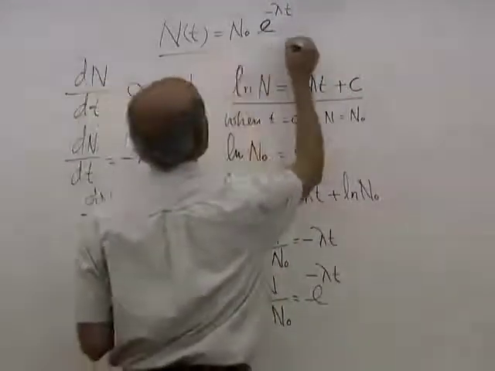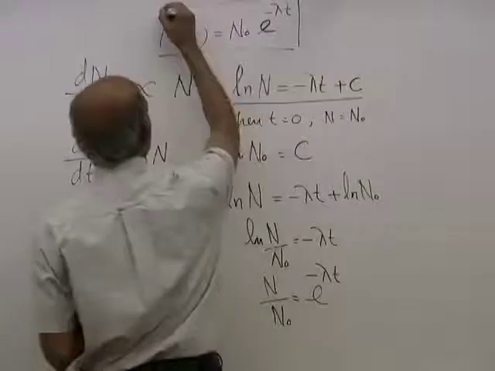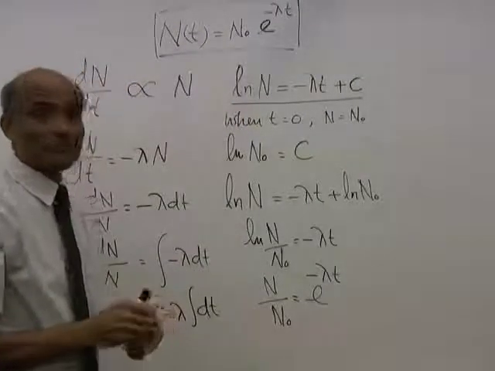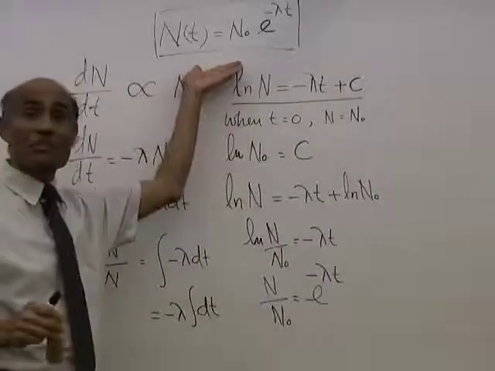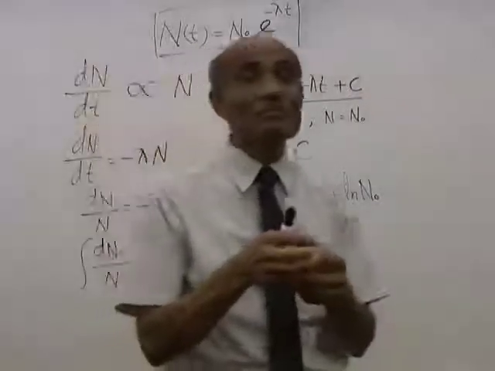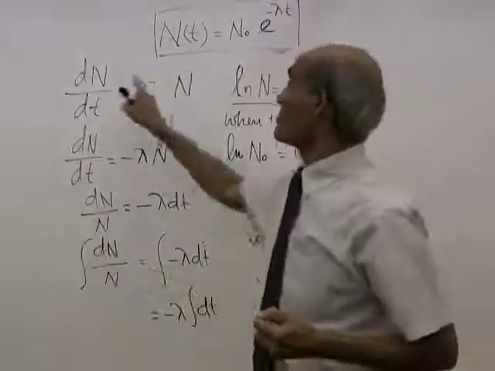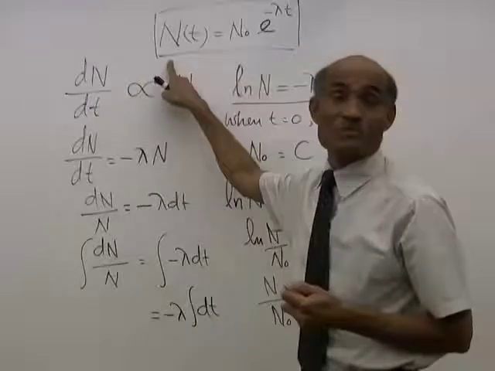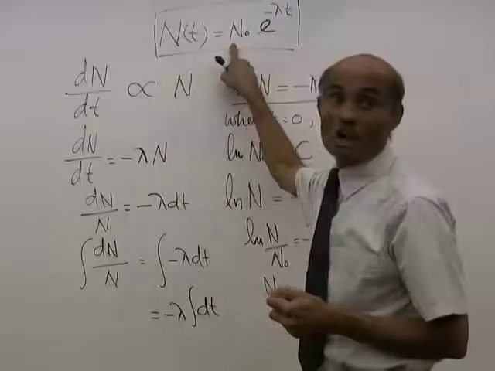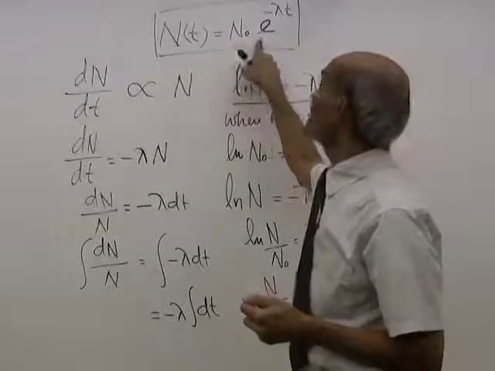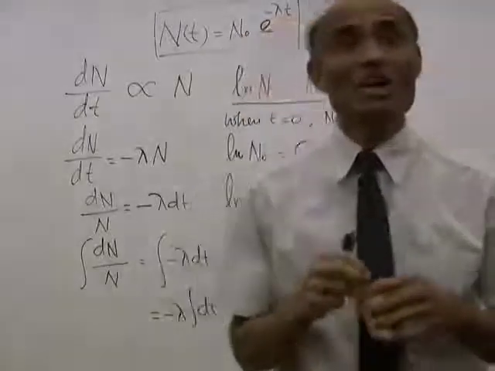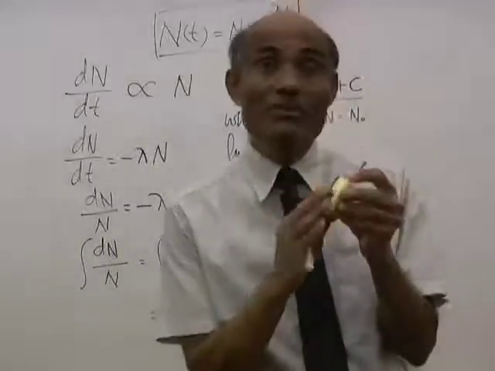And this is the solution of this equation, which means we have now got a theoretical background on the rate at which radioactivity proceeds in a sample. The number of radioactive atoms present at any given time is the number you start with, the initial number, times e to the power of negative lambda t, where lambda is a constant for a given material.